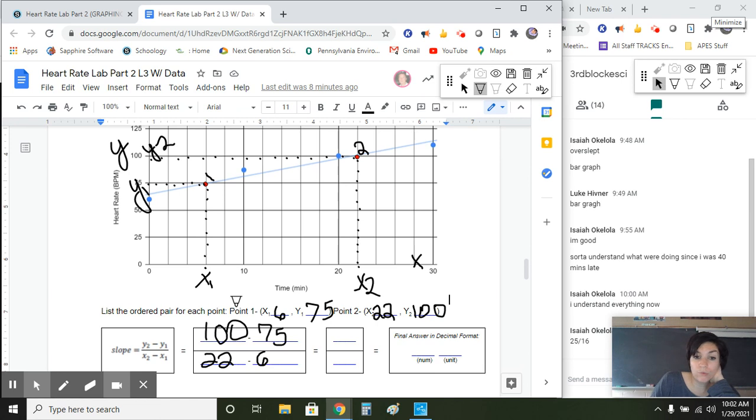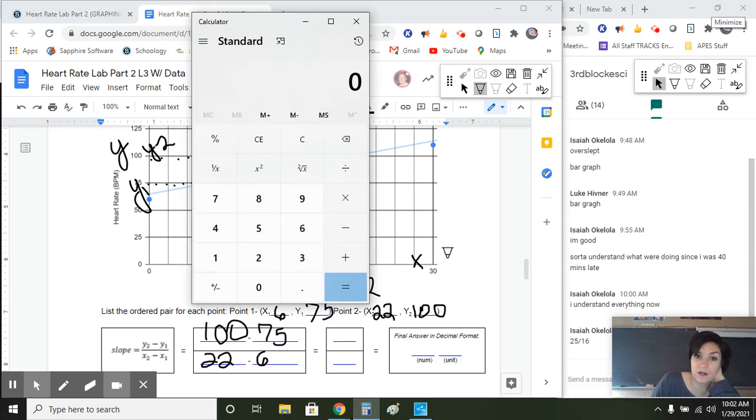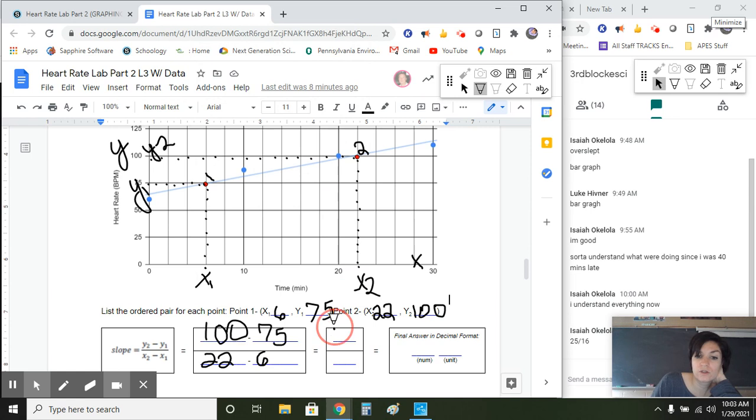So what you're going to do then is subtract the numbers. So 100 minus 75 is going to be 25. If you need your calculator, by all means, use it. Helps if you put the right numbers in. So 100 minus 75, which is this first part here, is 25.